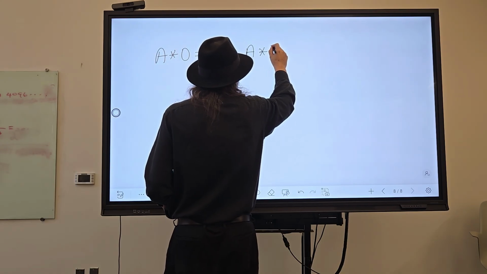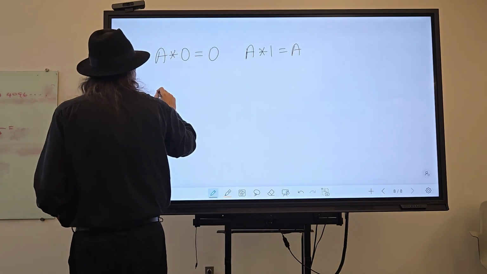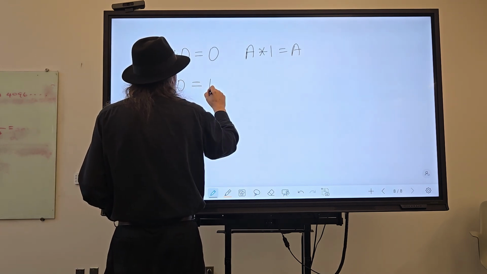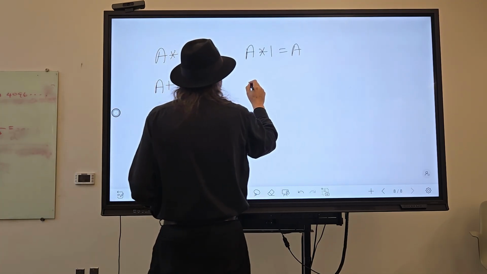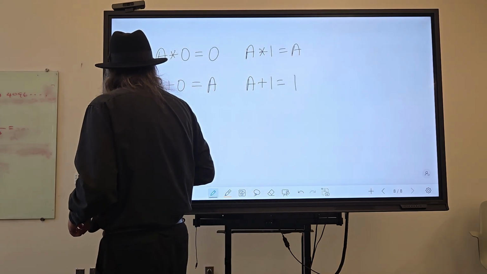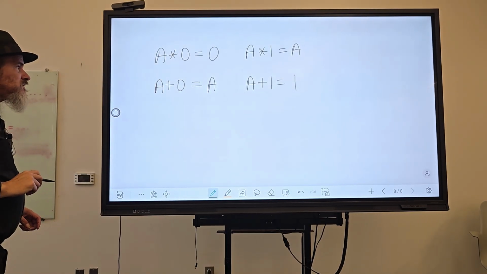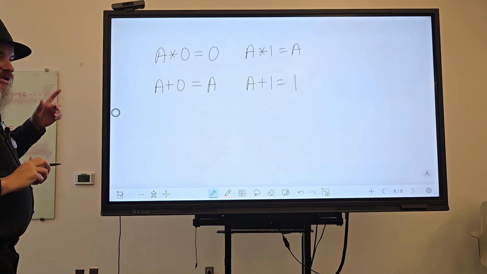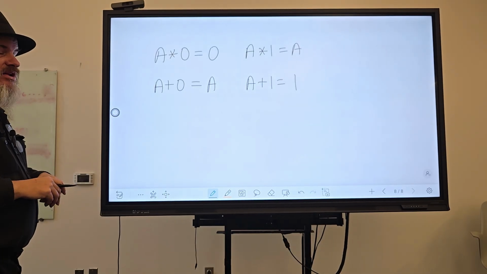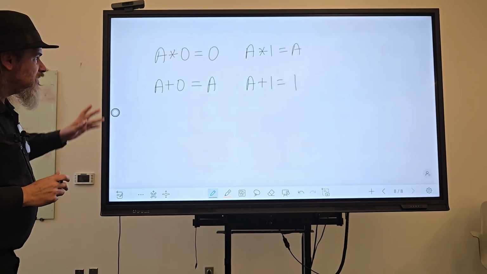A and 1 equals A. A or 0 equals A. And A or 1 equals 1. We'll get into how this is handy knowledge to have when we get into the programming part of the semester, but keep these in mind.